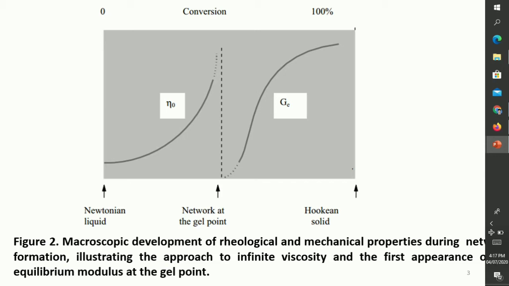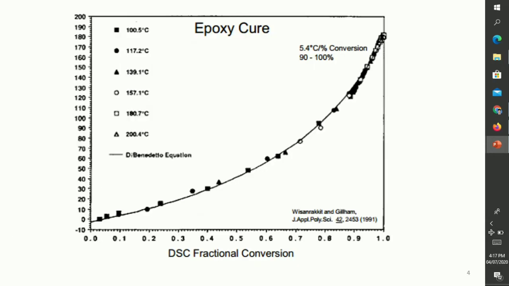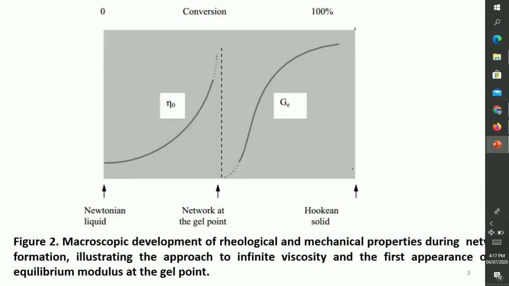The uncured thermoset is often a mixture of monomers. The mixture of monomers is a Newtonian liquid. As cure progresses, the viscosity increases with increasing molecular weight, which can be monitored by rheological measurements.